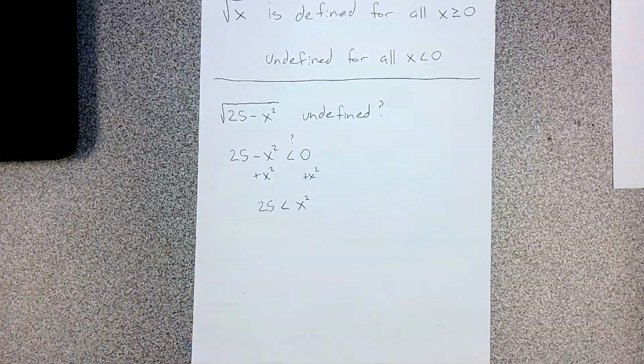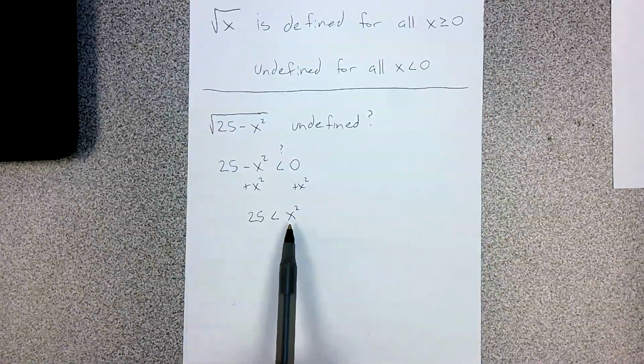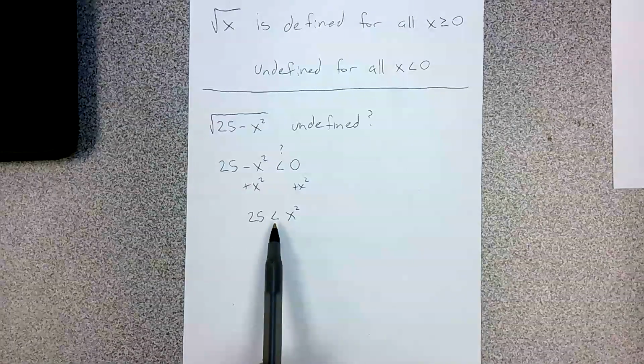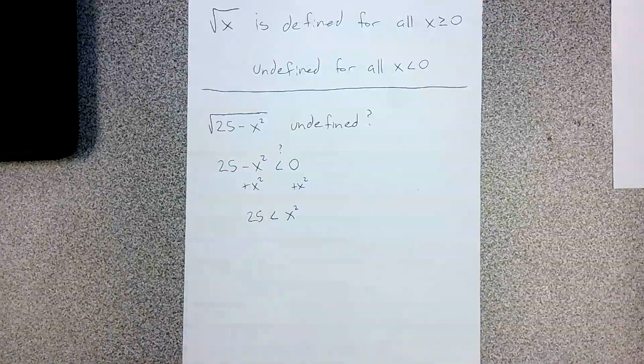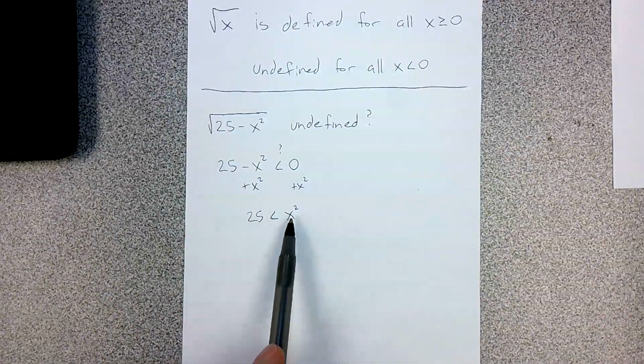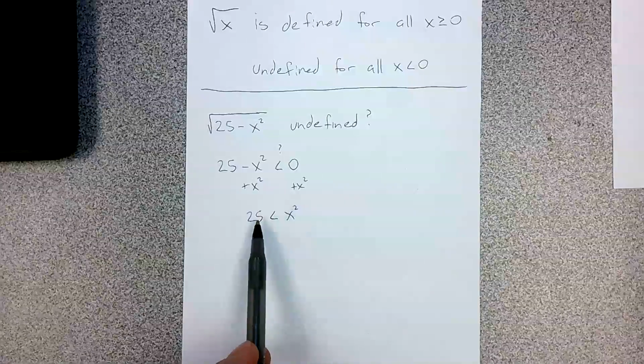So now the question that I'm asking, and it keeps coming back to, what is the question? The question I'm asking is, what numbers for x, when I square it, are bigger than 25? I know, because I'm a math teacher and because I've done this so often, that 5 times 5, 5 squared, is equal to 25. It's not bigger, but it's equal.